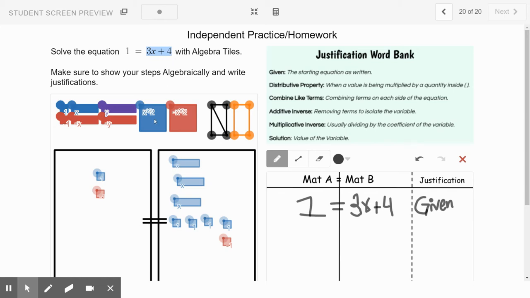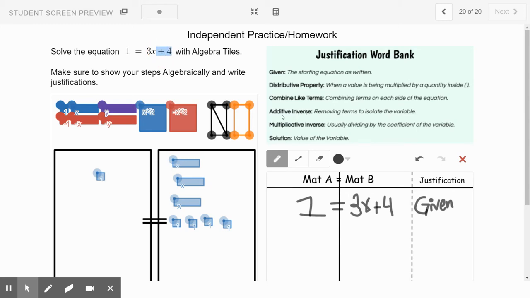So in that case, I don't want to add a -1 or subtract 1 from both sides. That would get me 0 equals 3x plus 3, but I'd still have a constant on mat B. So instead, I'm going to try to get rid of this plus 4. I'm going to add the opposite.